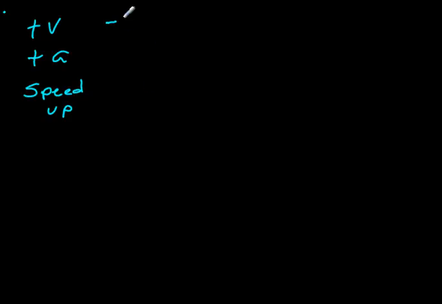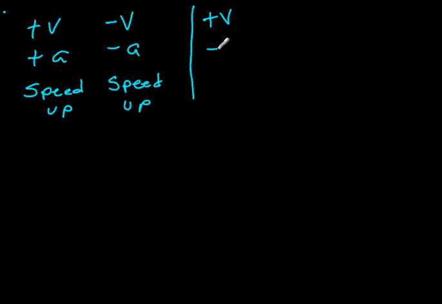And if we have a negative velocity and a negative acceleration, that object is going to speed up. On the other hand, if we have a positive velocity and a negative acceleration, that object is going to slow down. And if we have a negative velocity and a positive acceleration, that object will also slow down.